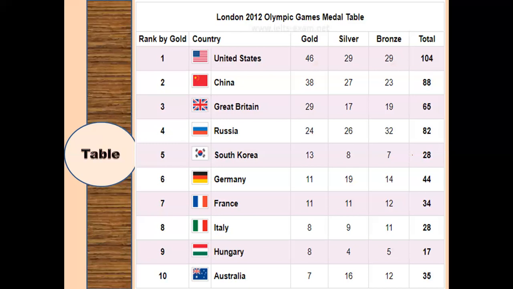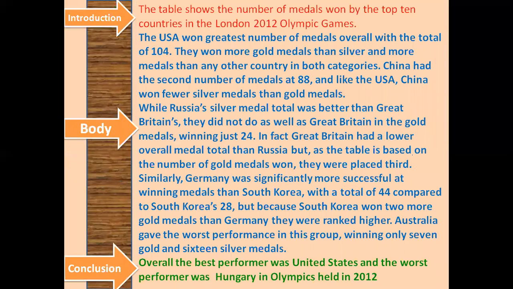So let's give the information in the form of a paragraph. The table shows the number of medals won by the top 10 countries in the London 2012 Olympic Games. The USA won the greatest number of medals overall with a total of 104, and they won more gold medals than silver, and more medals than any other country in both categories.